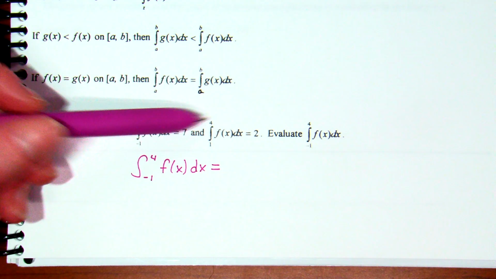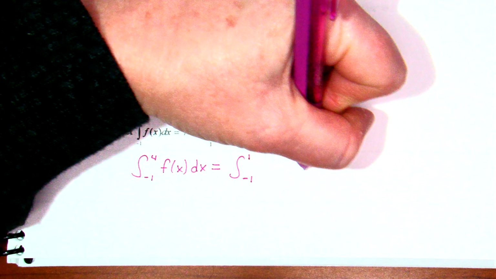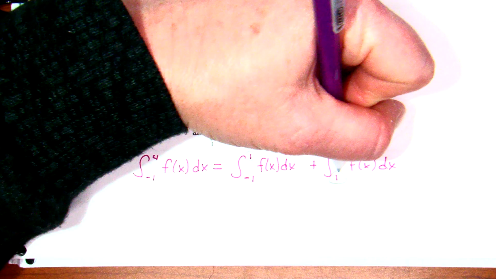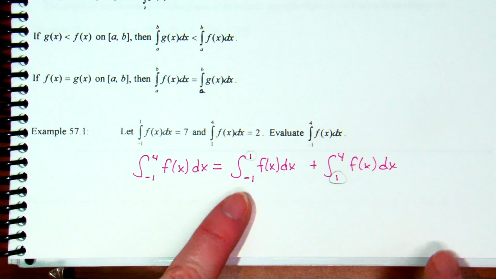So negative 1 to 1 plus 1 to 4, they're all f of x dx. As long as that's consistent, we can use that idea. The key is to watch the boundaries. Negative 1 to 1, 1 to 4. Notice these ones are matching, so they can be put together into one integral going from negative 1 to 4.